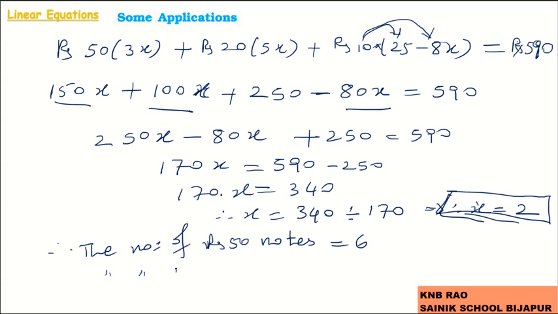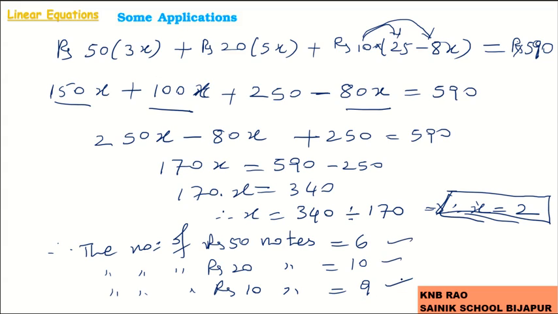The number of rupees 20 notes: 2 fives are 10, so 10 twenty rupee notes are there. And the number of rupees 10 notes: from 25 I have to subtract 8x, 8 twos are 16, 25 minus 16 gives you 9. So, this is the answer.